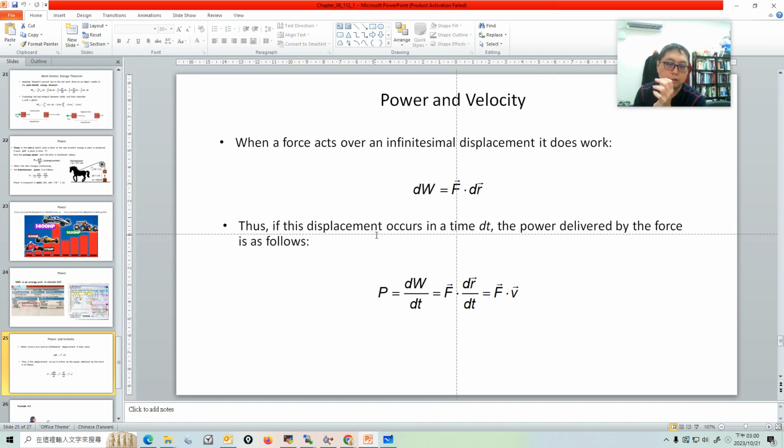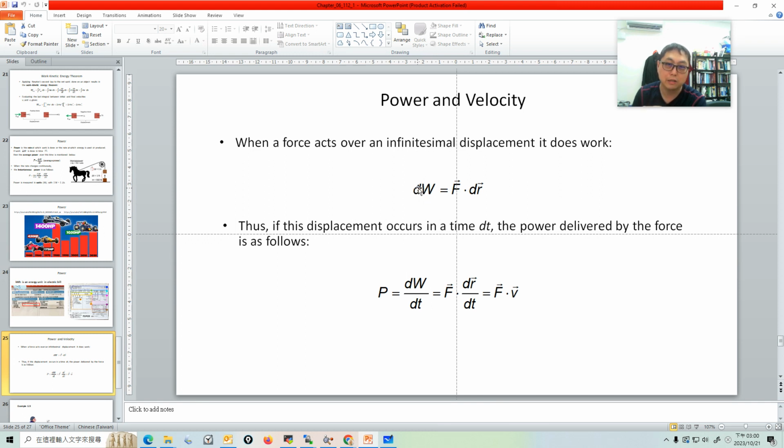So power, let's say we start from an infinitesimal displacement. When a force acts over an infinitesimal displacement, it does a tiny bit of work, and we call it dW.